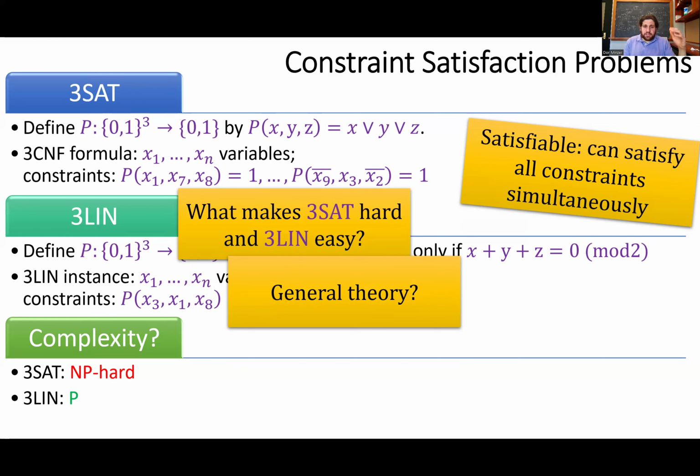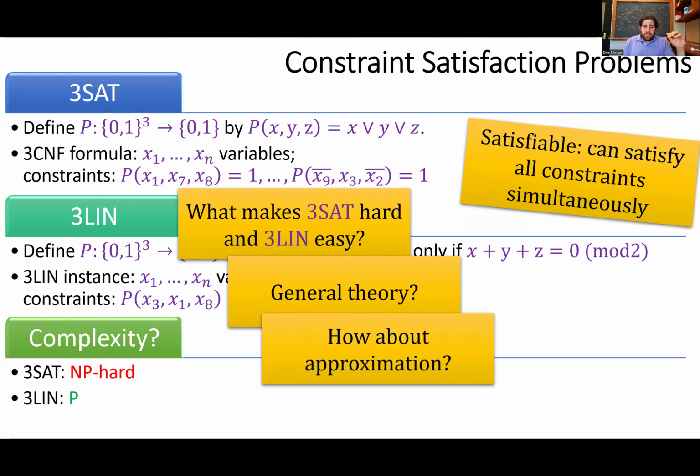So what we're really after is a general theory. This is something that has been well studied for a long time. And what we do new in this line of work is insert the lens of approximation. Is there some version of hardness of approximation that makes problems either in P or NP-hard?